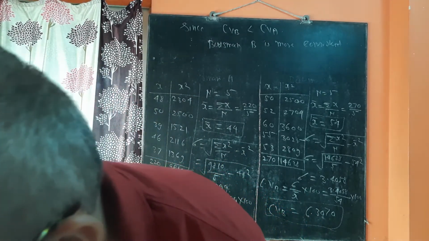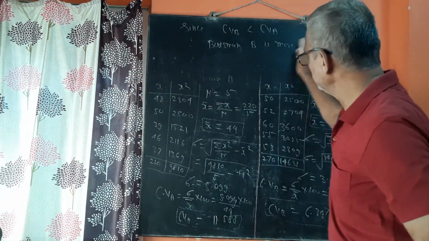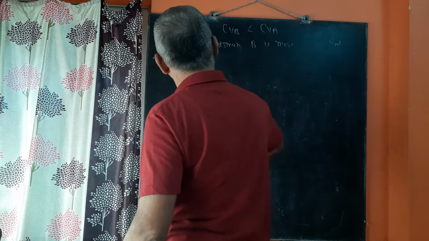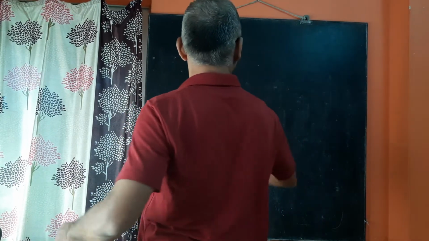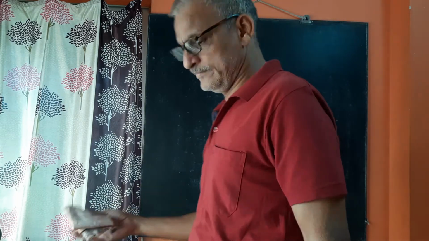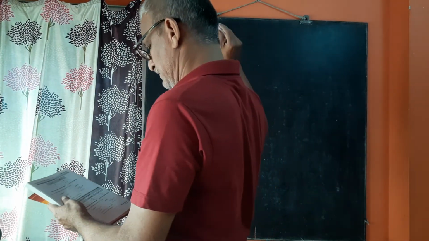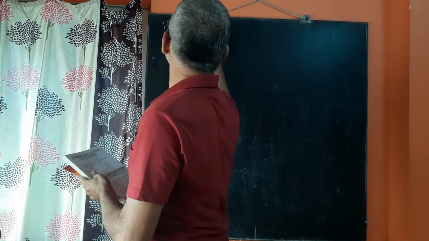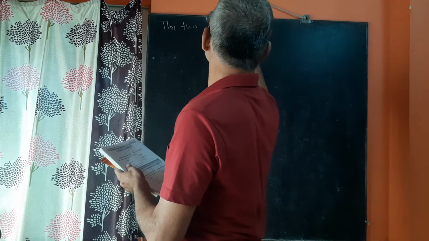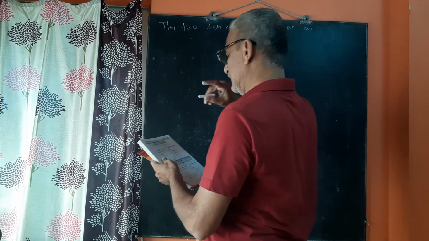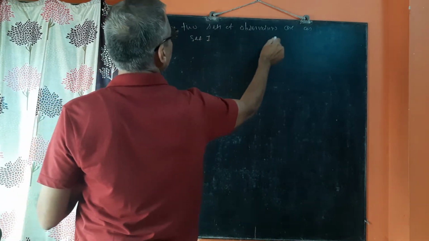The next problem is: the two sets of observations are as set 1 and set 2.